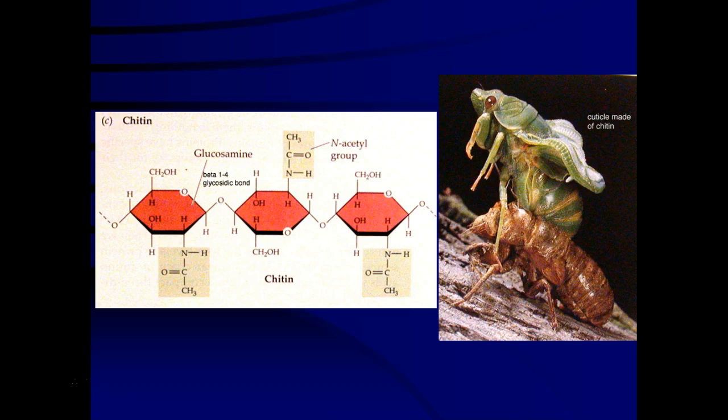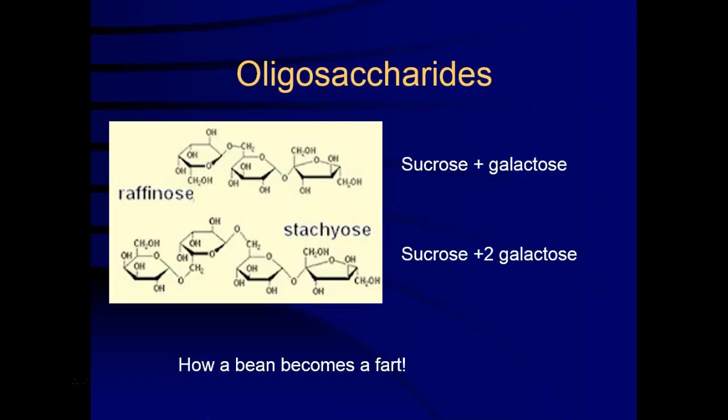Now, I mentioned that there are some polysaccharides that are very short. And it turns out these are particularly rich in certain types of plants, particularly in the legumes, which are things like beans. And we call these the oligosaccharides. Oligosaccharides, oligo just means scanty or few.